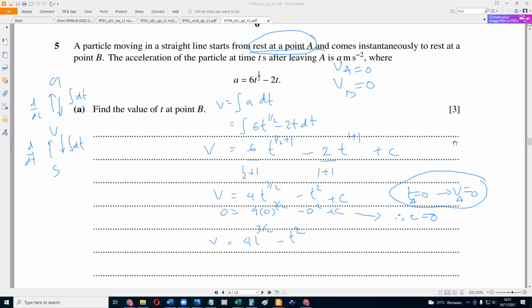Now, the value of t at point B, we don't know, but the velocity at B is also 0. So let's put them here: 0 is 4t to the power 3 over 2 minus t squared.